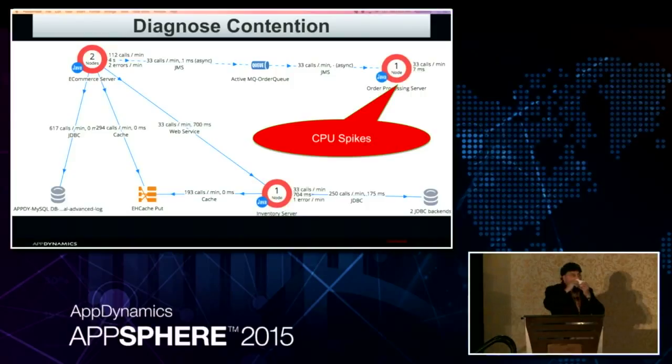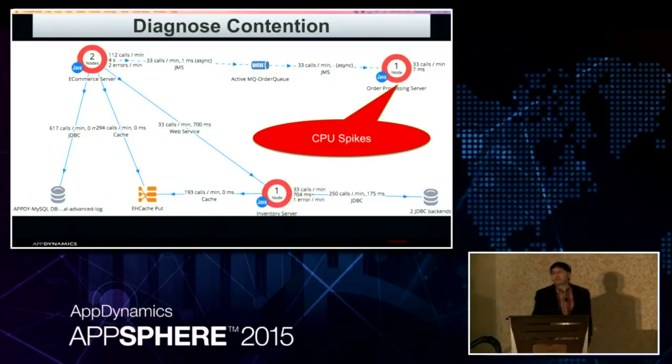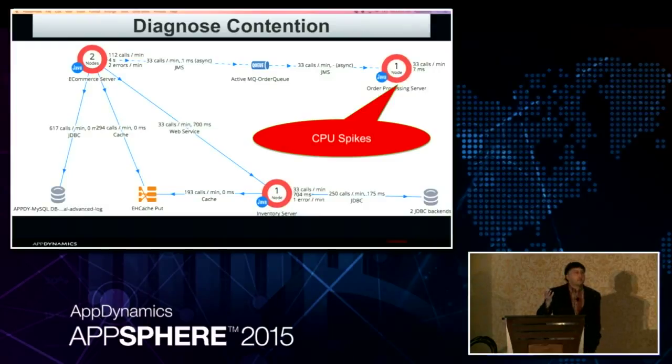The second scenario, again a real-life scenario, is when the e-commerce server is talking to the order processing server. Oftentimes people run antivirus scanners or IPS or intrusion protection software on servers, and sometimes the configuration gets messed up so that they start consuming too much memory or too much CPU. If that happens, your application that's sharing those resources on that server is going to get impacted.